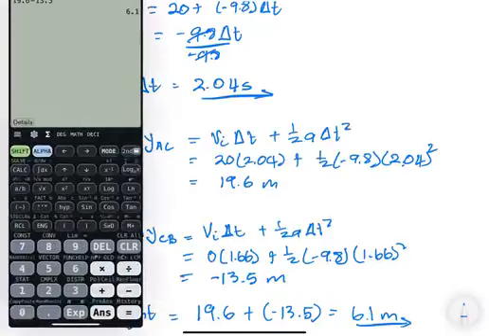Let's see. So I took 20 times 2.04, plus 0.5 times negative 9.8 times 2.04 squared.